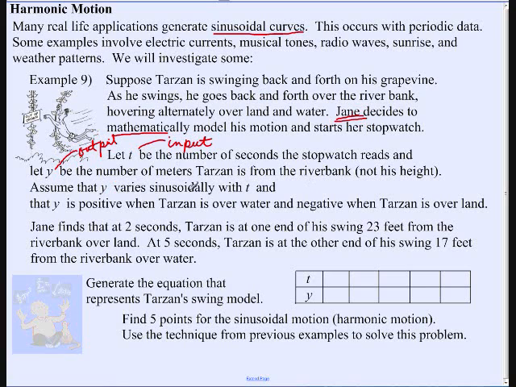Assume that y varies sinusoidally with t, and that y is positive when he's over water. So when he goes over water, positive, and when he's over land, here's a riverbank right here, it's negative.